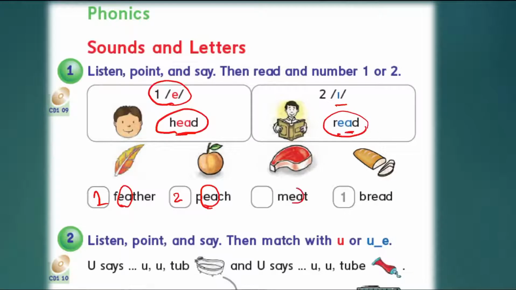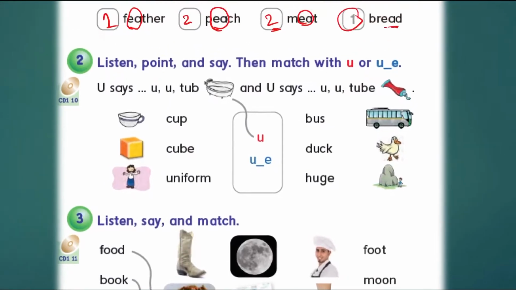Meat, I pronounce it like read, so I have to write down number 2 here, okay? Bread, it looks like head, so I have to write down 1 here, okay?